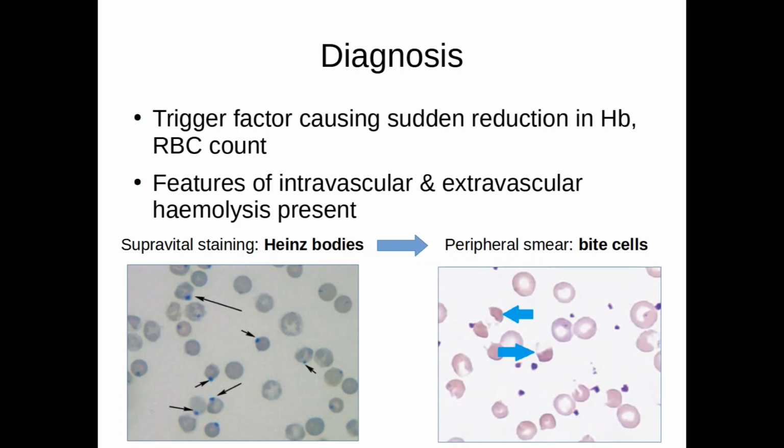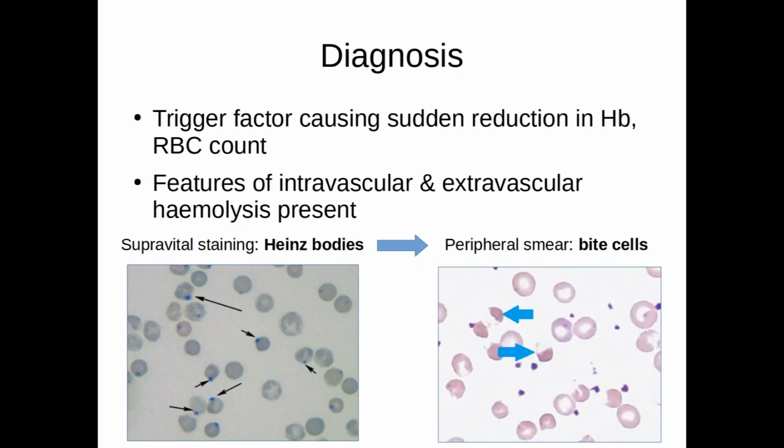Immediately after the trigger factor acts, the RBC membrane and hemoglobin are denatured, and this denatured hemoglobin will precipitate and occupy an eccentric position within the RBC. At this stage, if you do a supravital stain, you will see something that looks like a ring with a blue colored dot at the edge. That is what is called a Heinz body.